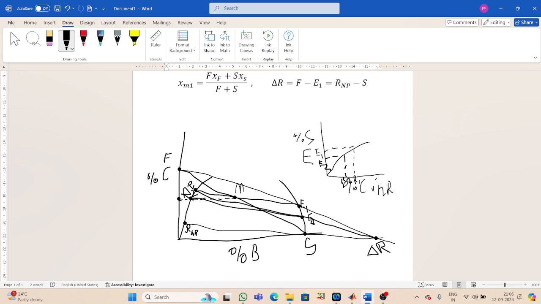And now similarly, we'll join R2 and delta R, and here we'll get R3, and similarly this continues until our required ENP. We should keep on continuing this and hence get the number of stages in countercurrent multi-stage extraction, and that's it. This is the way we draw operating lines for countercurrent extraction.